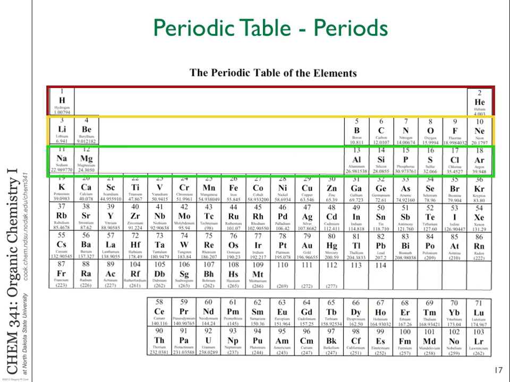And the third row, same thing. You have the 3s orbitals here, and as that's filled, then additional electrons go into the 3p orbitals. I will also say, remember that although the elements in the third row don't have d electrons, it's possible that they could take in electrons into d orbitals and have d orbitals available once you get to the third row.